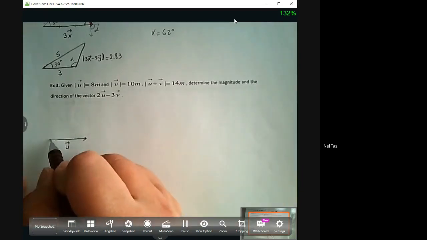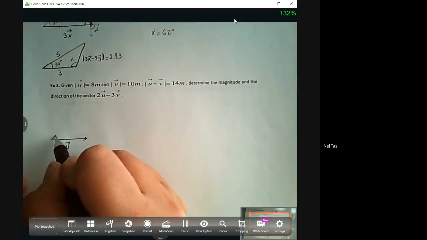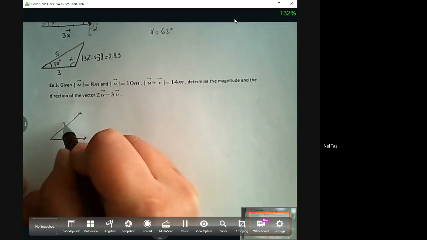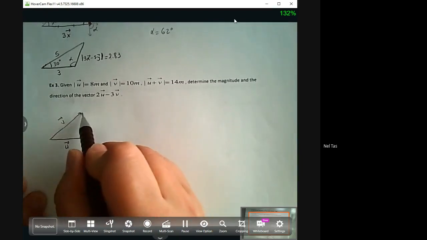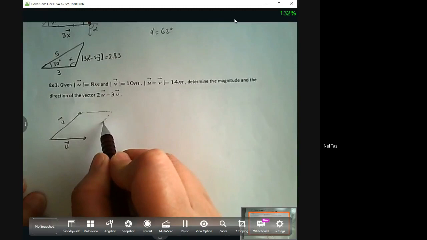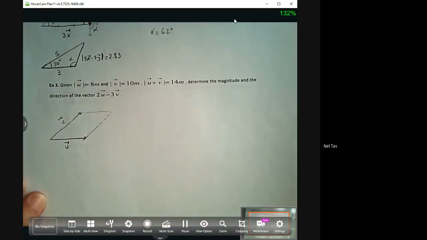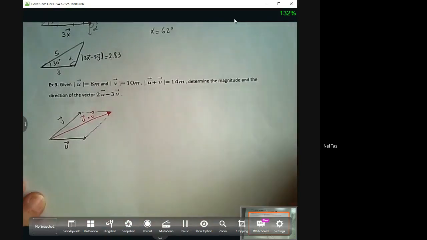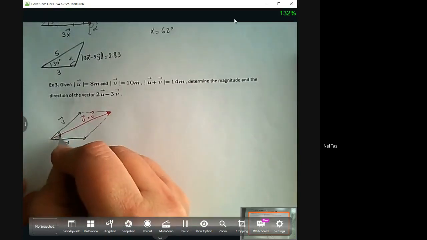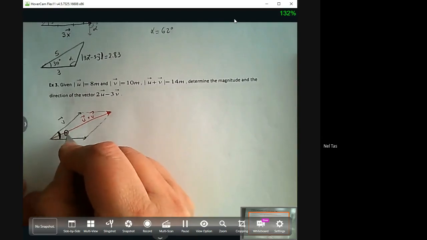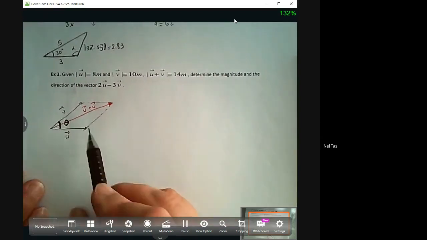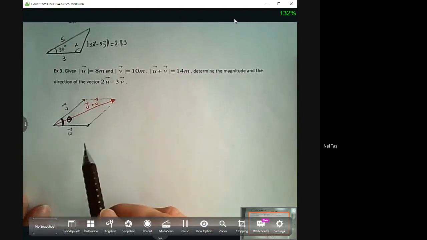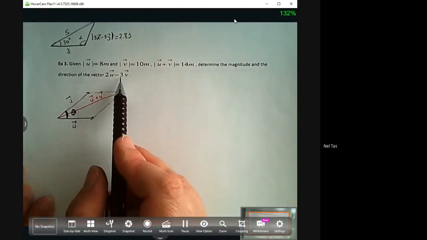We don't know that, right? So let's say U and V, and this is U plus V. Let's say the angle between them is theta.